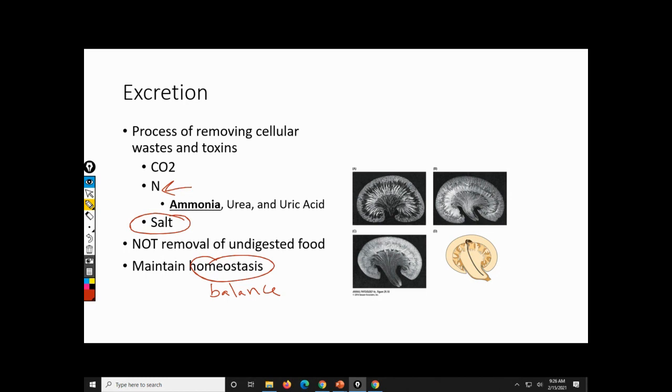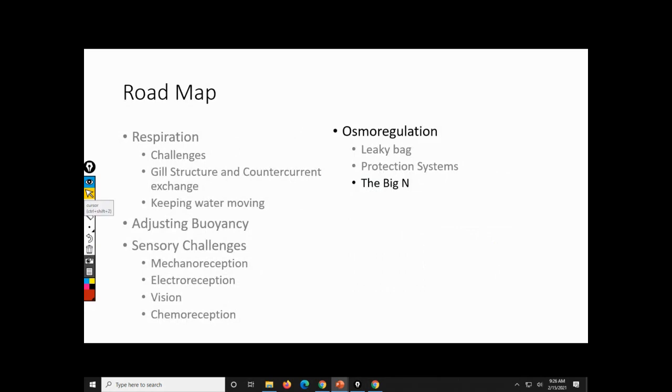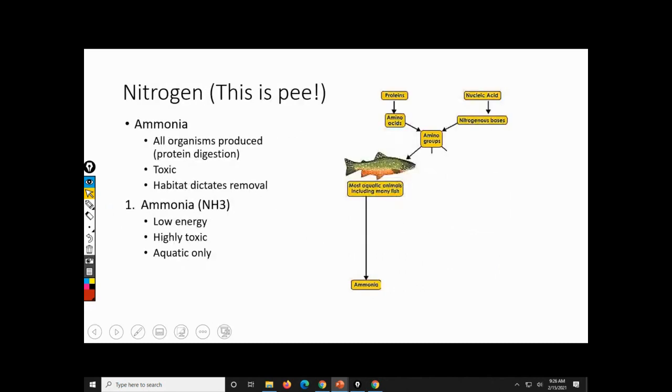So let's focus a little bit more then on these nitrogen compounds. We'll call them the big N, because this is going to help us break our excretion types into our 3 different groups. So remember I said we're talking about nitrogen.